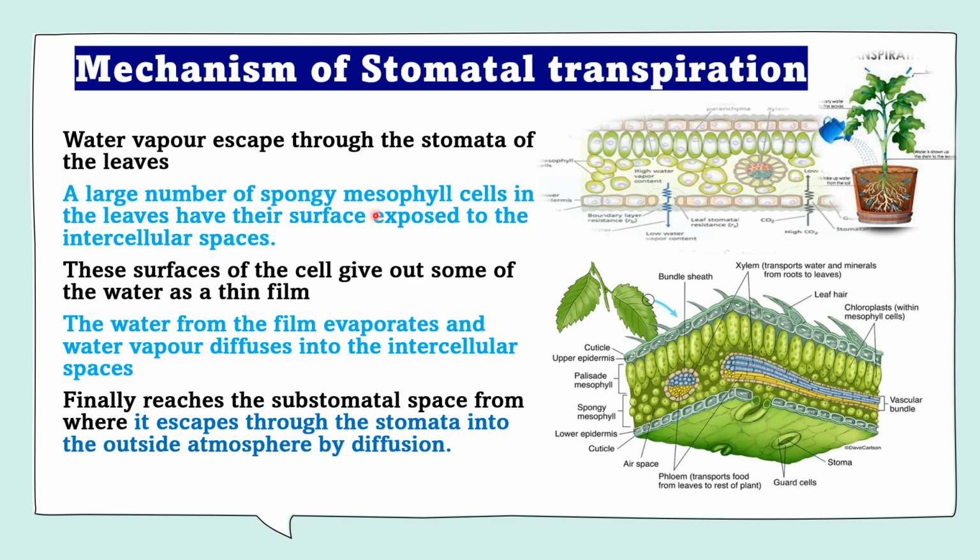A large number of spongy mesophyll cells in the leaves have their surface exposed to the intercellular spaces. A large number of intercellular spaces are there between the spongy mesophyll cells because they are loosely packed.